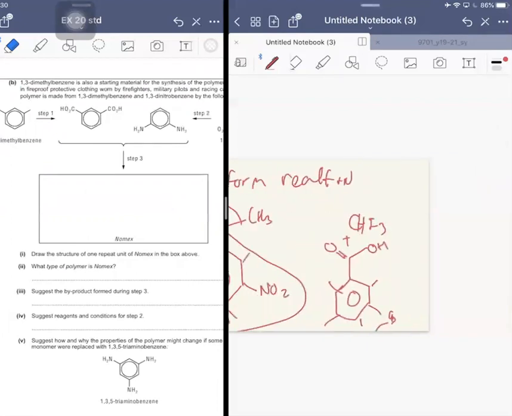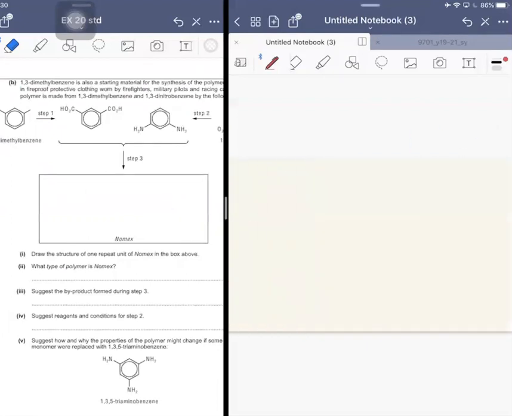Polymerization again. If I just introduce you to polymerization, which is the topic that we want to cover tomorrow in the next lesson, hopefully. You need to have a monomer that has two functional groups. So in this case, you have a diacid and a diamine. How do you draw this?